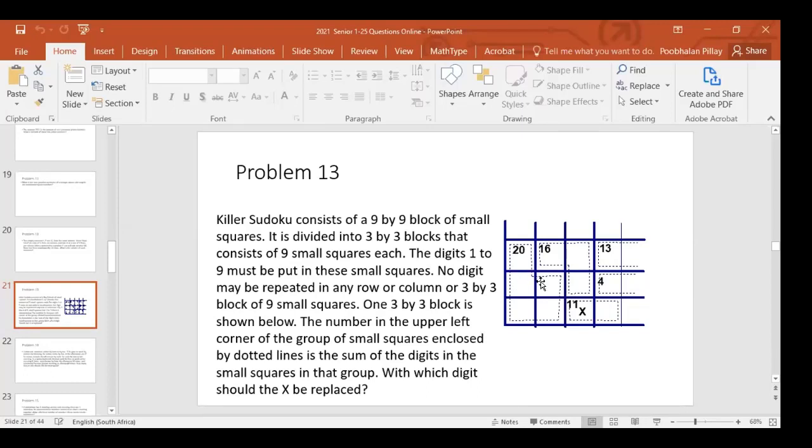It's the sum of those 5 numbers. The sum of these 5 numbers is 20. Likewise, the sum of these 3 numbers is 16. And the sum of these 2 numbers here is 11. And you're asked to say, what is this unknown?